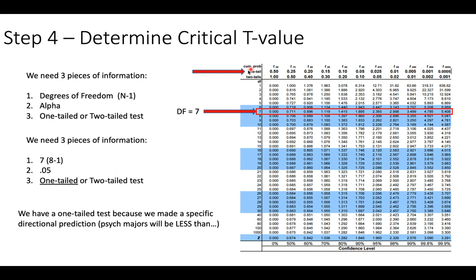So we have a one-tailed test, and then we want to come over until we find our particular alpha, which was 0.05. If we had a two-tailed test and our alpha was 0.05, we would be using this column instead, 0.05 two-tailed. But we were 0.05 one-tailed, and so we use this column here.